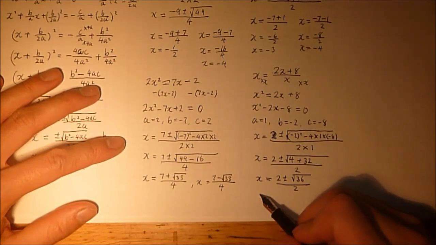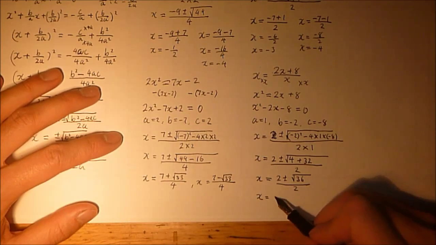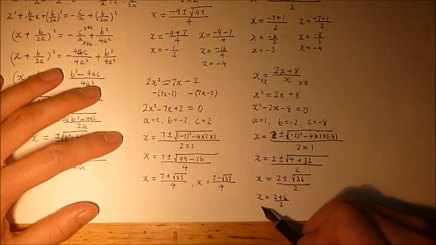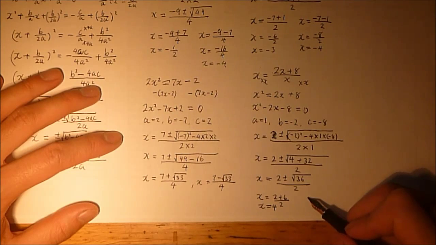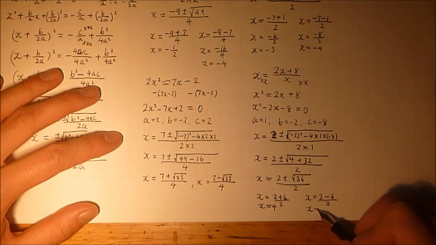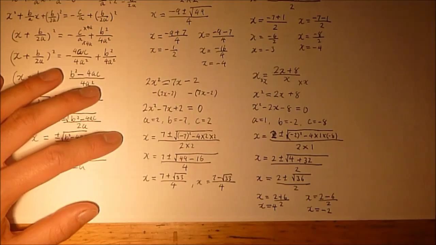In the end, we have two possible solutions for x. X either equals 2 plus 6 over 2, which means x equals 4, or x equals 2 minus 6 over 2, which means x equals minus 2. And here are our two solutions.